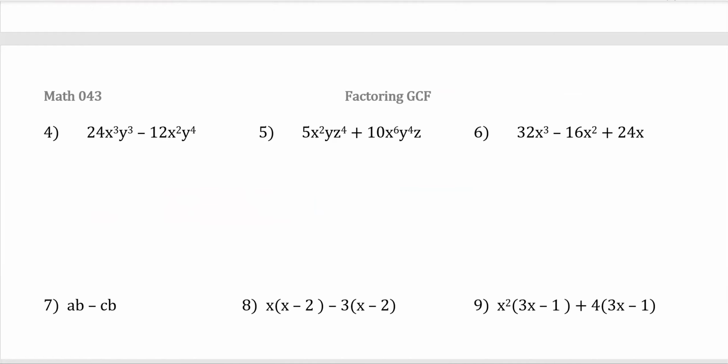Here's number 4. 12 and 24, the greatest common factor is 12. They share an x. The smallest exponent is x squared. They share a y. The smallest exponent is 3. Divide each term by your greatest common factor.